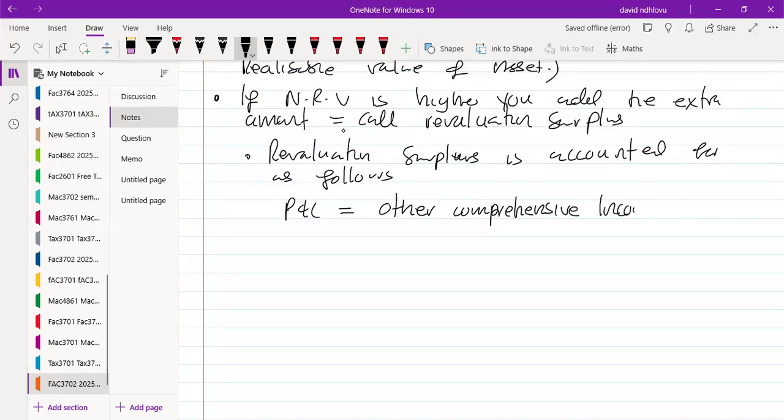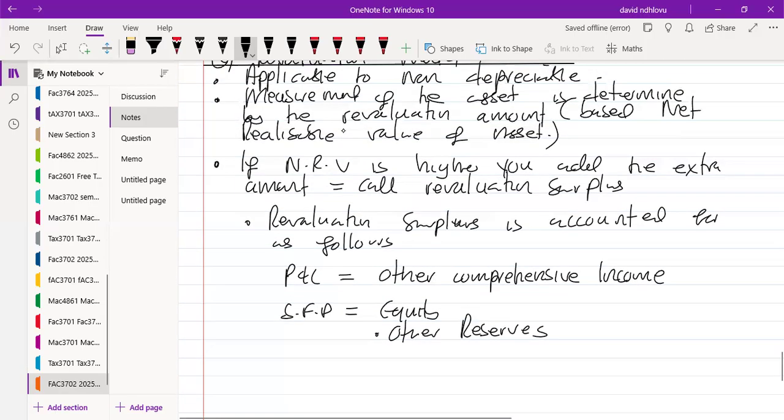So it doesn't go to other income here. Then in the statement of financial position, under equity, the revaluation is added to other reserves. It will form part and parcel of what we call the reserves. So this is how we deal with the revaluation surplus.